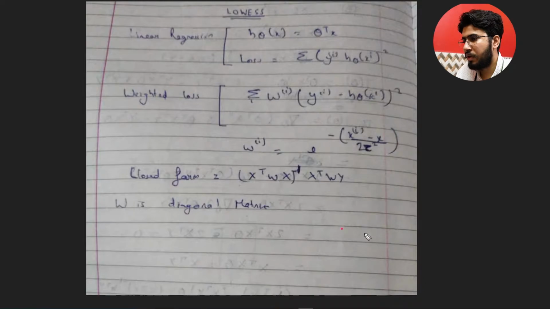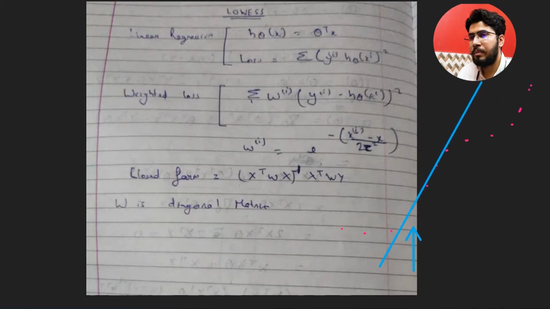Let's suppose you have this data, and you want to find the output for this point. What you can do is draw a line based on this point like this.